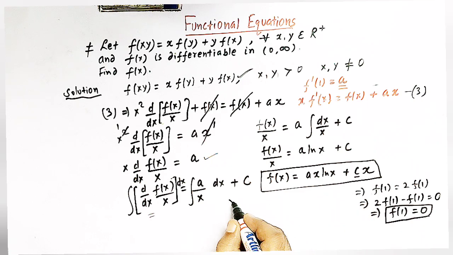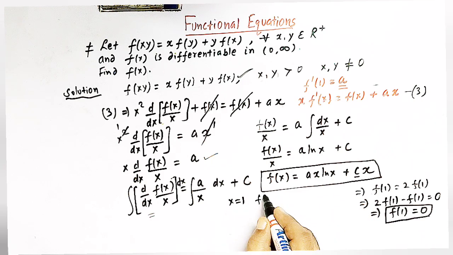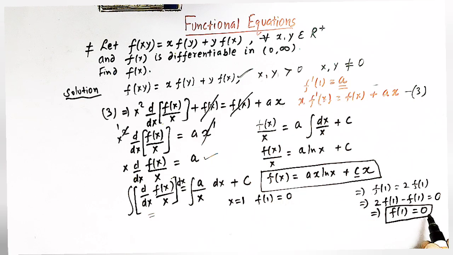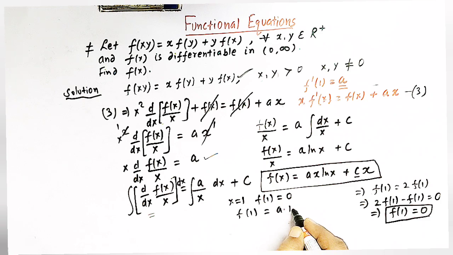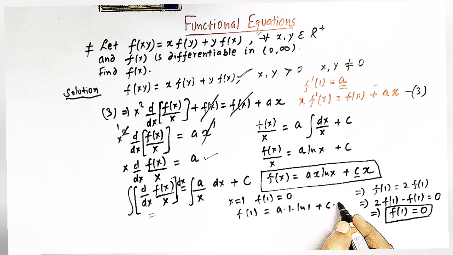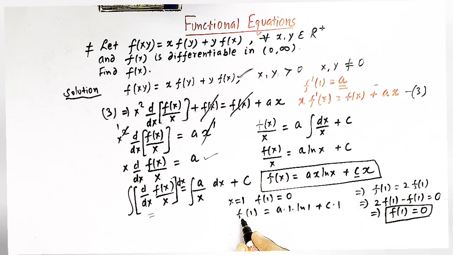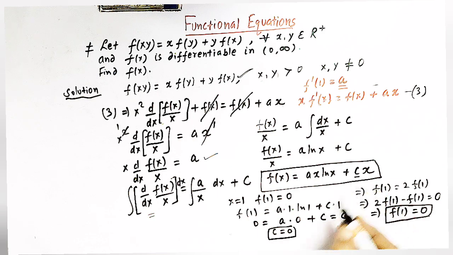So we'll use this condition to find out the value of the constant of integration. So now taking x is equal to 1 and f(1) is equal to 0, in this equation we have f(1), then we have a·1, and this is log of 1, and here we have c times 1, right? Now f(1) is 0, and here we have a, and log of 1 is 0, and here we have c, so this is simply c. So the value of the constant of integration c is 0.